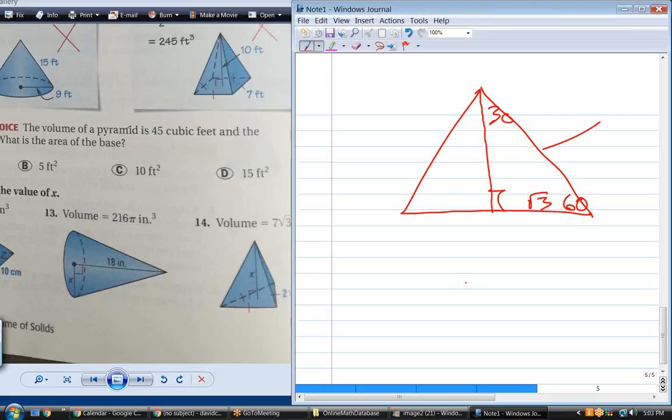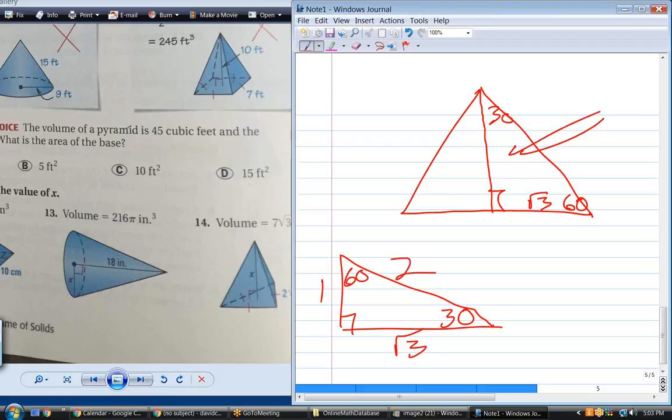This is a little tricky. Let me just ask you one question. Here's our basic right triangle that I call my unit right triangle. This right triangle there, what's the similarity ratio? You have to find corresponding sides.